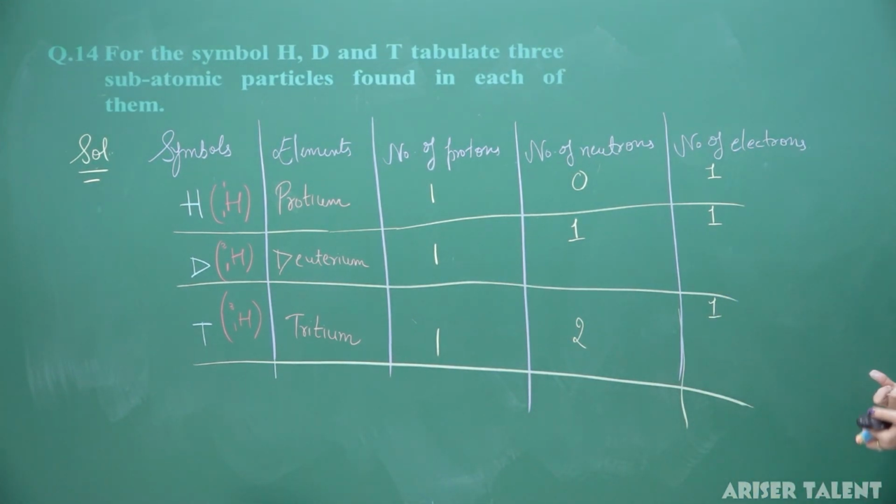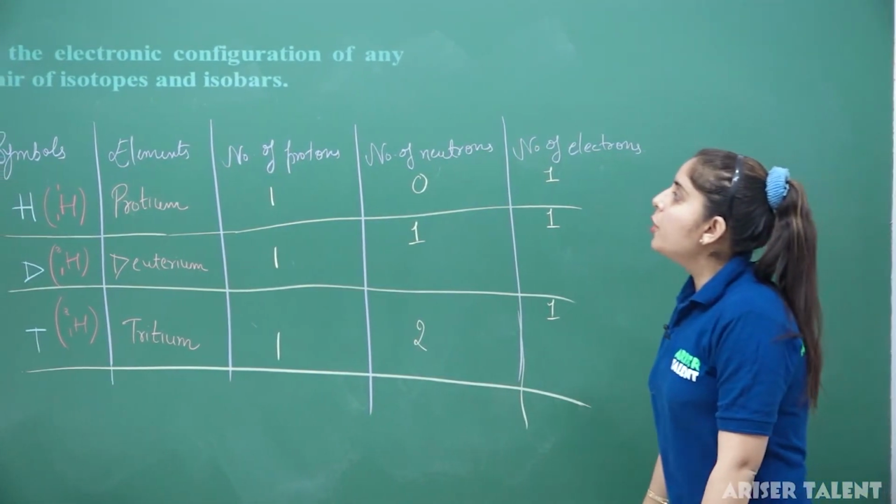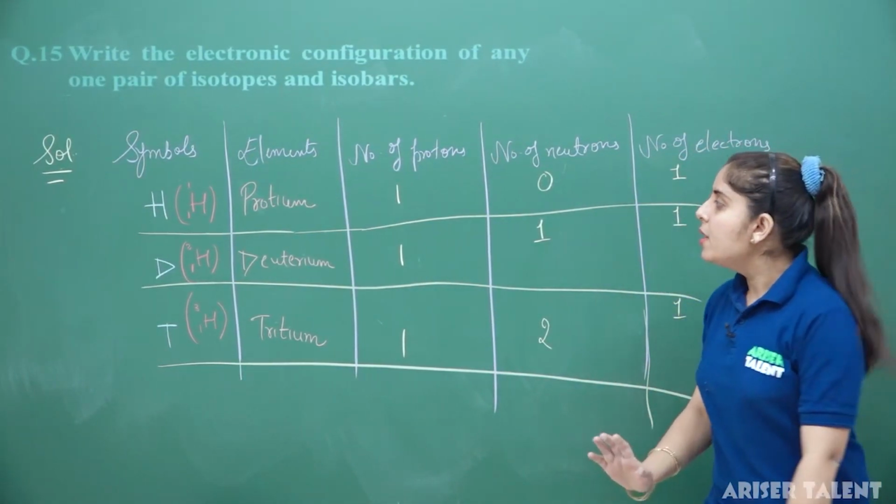Now we are on our next problem, that is problem number 15. Write the electronic configuration of any one pair of isotopes and one pair of isobars.